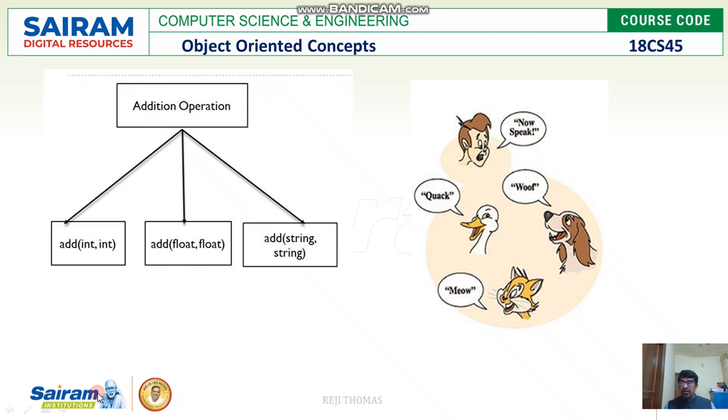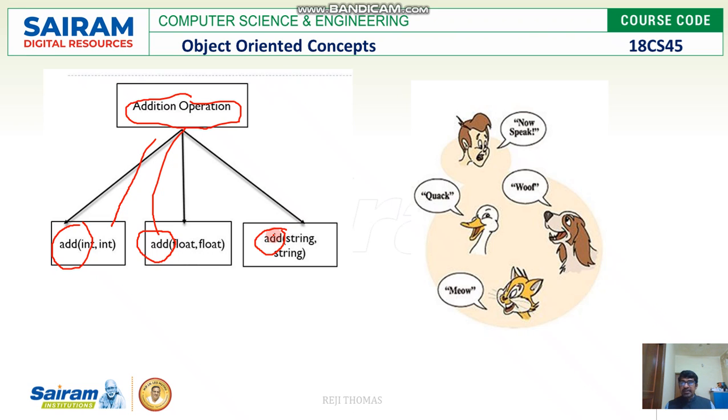So this is the actual explanation for that. The addition operation can add two integers, look at the function name which is add, or it can add two floating point numbers, the function name remains the same, and it can add two strings.